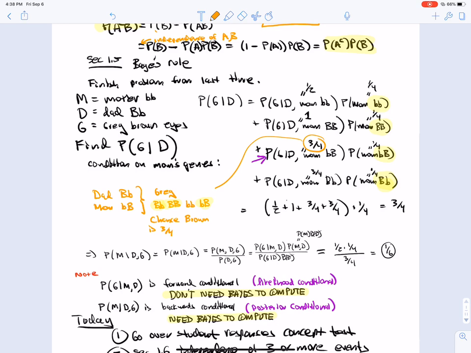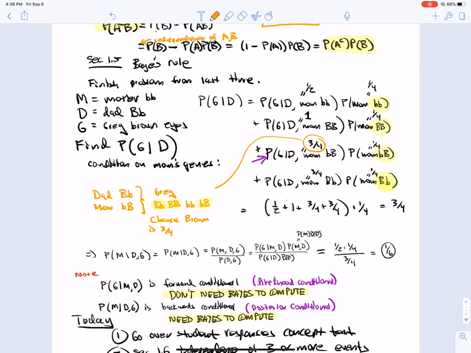And so then we can finish the problem where we were asked originally to find the probability that the mother has blue eyes, given that dad is heterozygous and Greg has brown eyes. And we find that that's 1/6. So the probability that Greg has brown eyes, given the mother having blue eyes and the dad being heterozygous, is called a forward conditional. We do not need Bayes' rule to compute this.